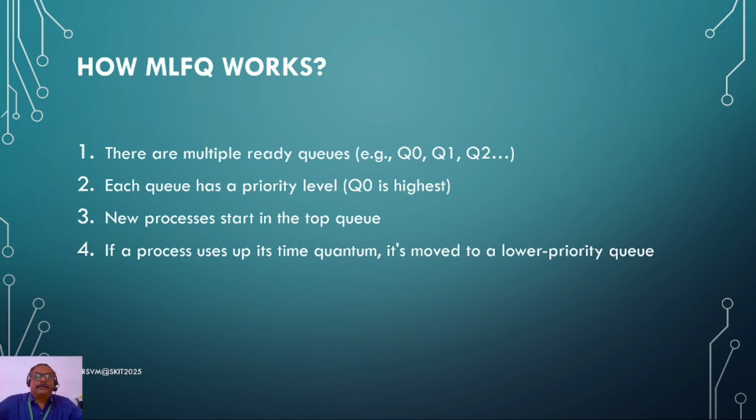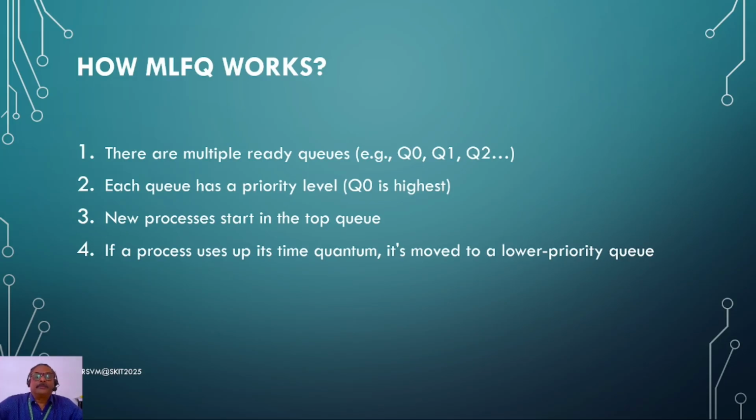So a new process gets into the topmost priority queue, whose time quantum is smaller, and we expect that top priority jobs should complete their task as soon as possible, and that's what priority is all about. We want slowly moving things to be given low priority and fast moving things to be given high priority, so that throughput and CPU utilization are good.